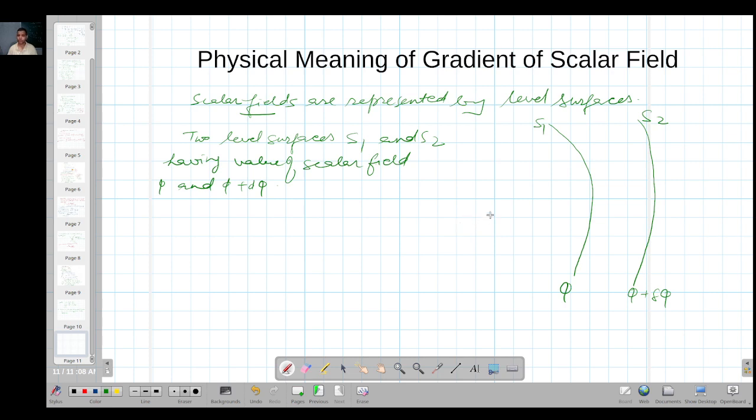This is a point A which we have considered over this surface, and there is another point B which I have considered here over this surface. Say its position vector is represented by r vector and the other by r plus delta r vector, or r plus dr vector. So this vector is basically the displacement vector, right?